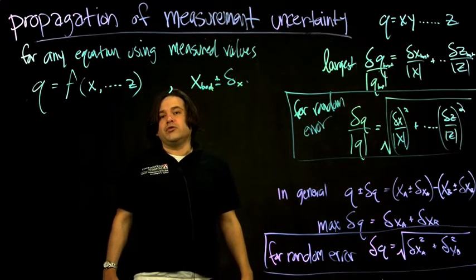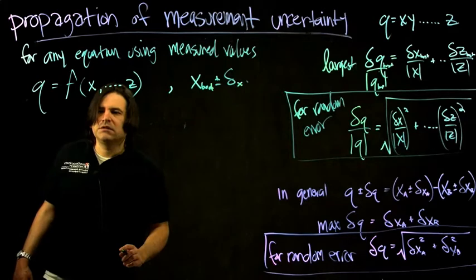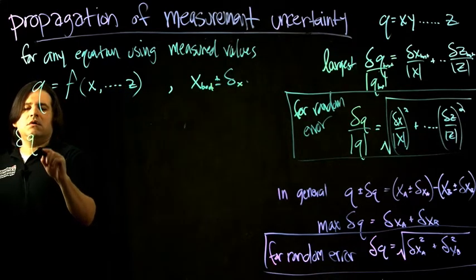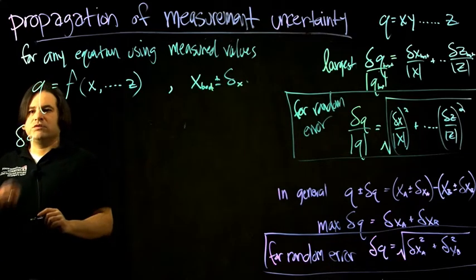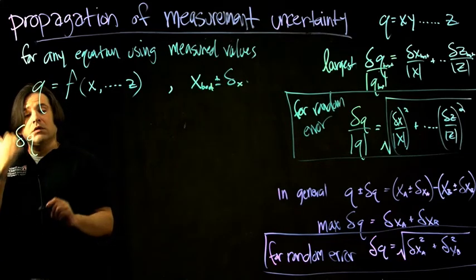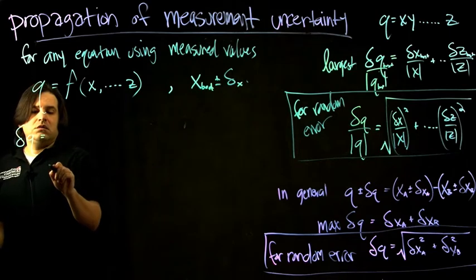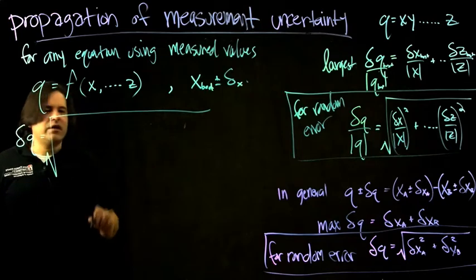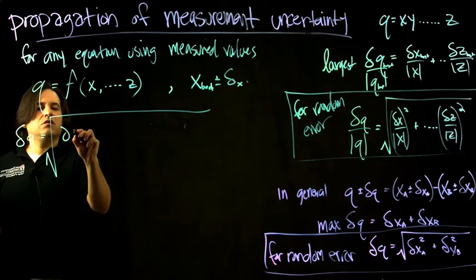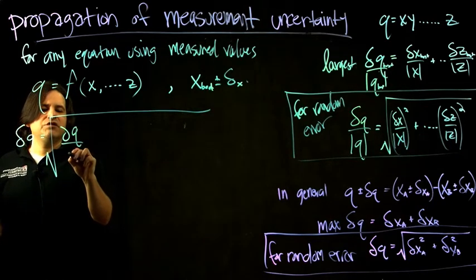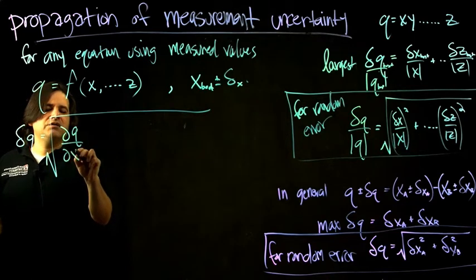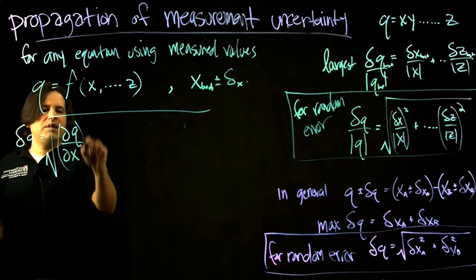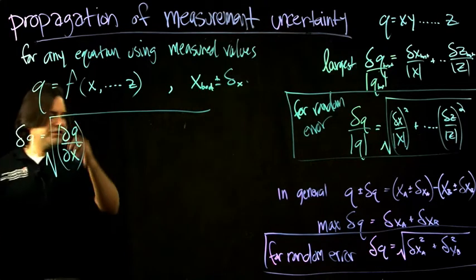What you would do is the absolute uncertainty of this resulting value is equal to this granddaddy equation. What is that granddaddy? It's the partial derivative of this function with respect to the certain measured value in this equation.